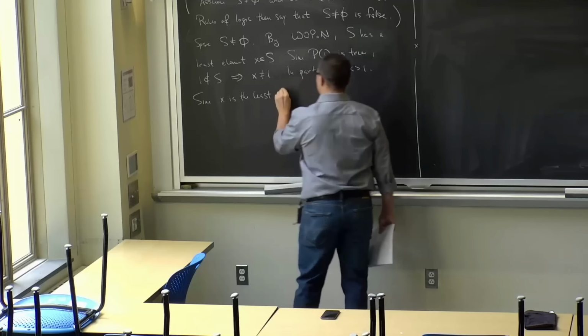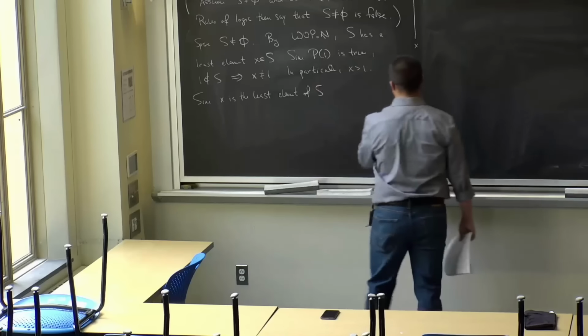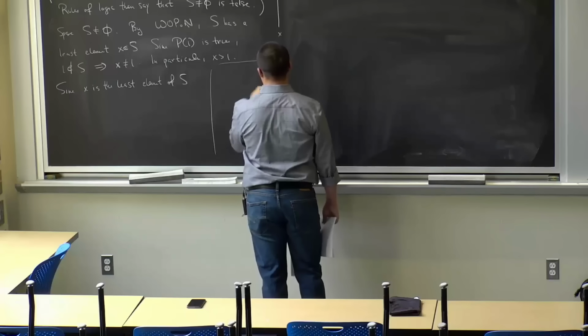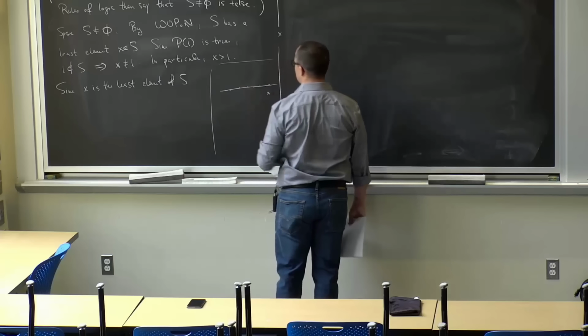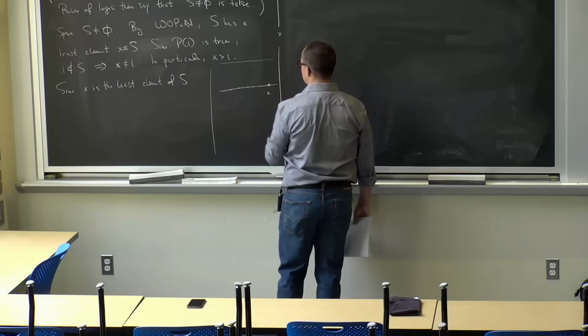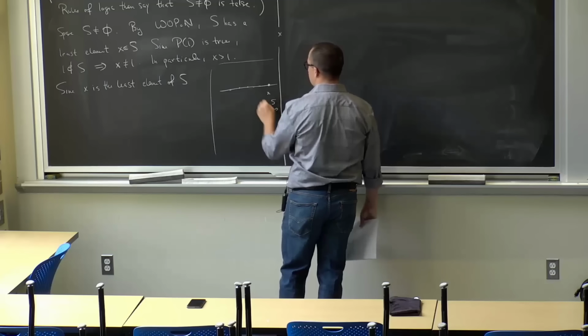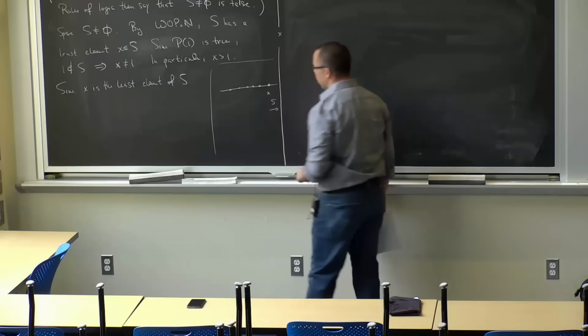Since X is the least element of S, let me draw along the number line. We have 1, 2, 3, 4. Out there is some magic point X, which is the least element of S, and the rest of the subset S lies to the right of this number X, right?